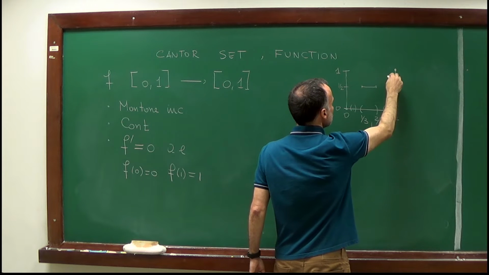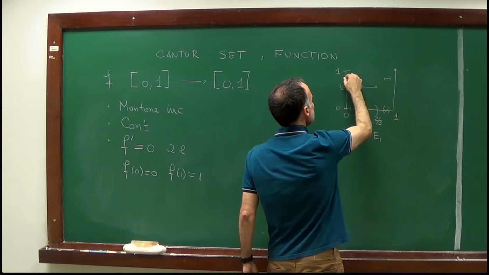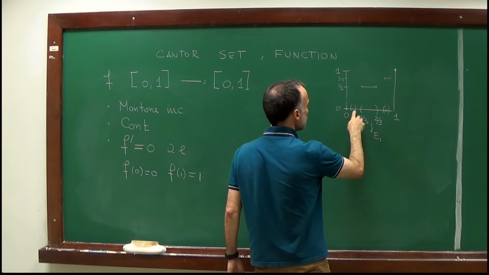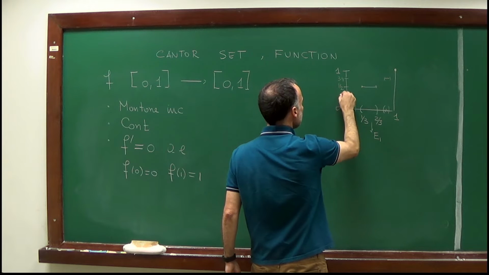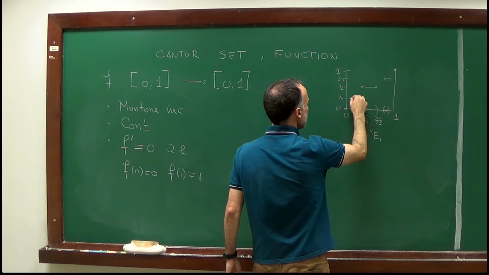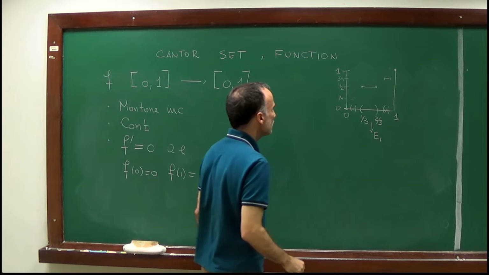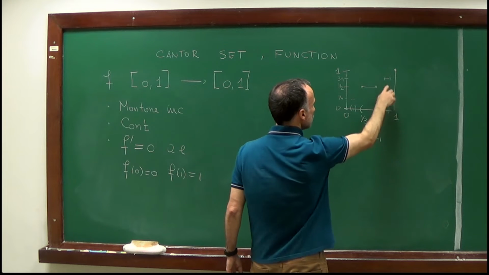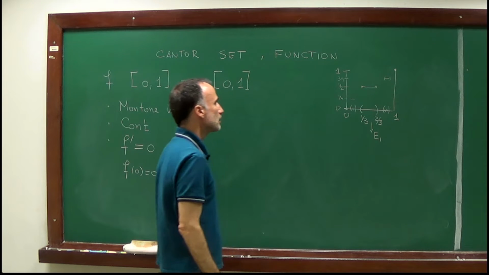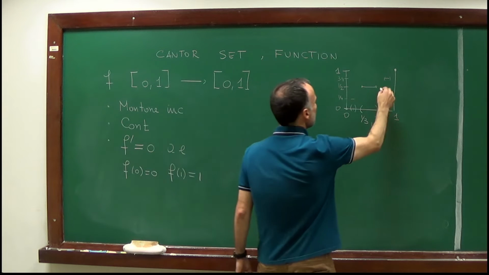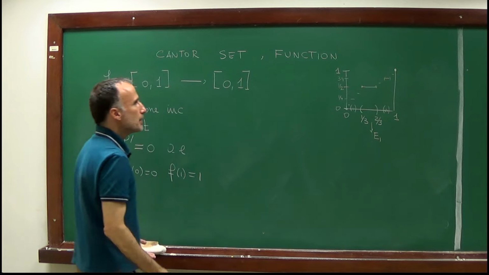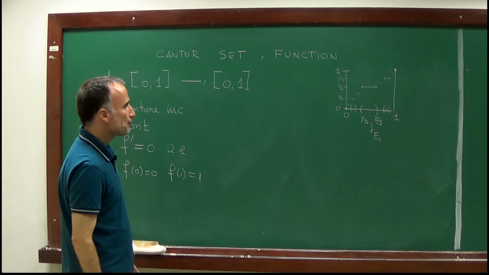So the average is 3/4. So we will define in this interval the function to be 3/4. And in the same way here, the average is 1/4. So we'll define the function in these two sets to be 1/4 in the first interval and 3/4 in the second interval, and so on. And in this way, we'll construct a function.